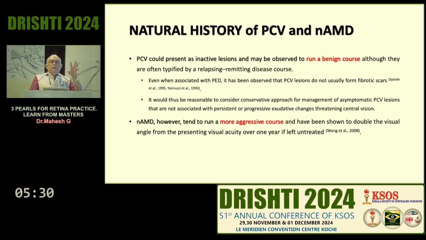Sometimes non-leaking polyps will be there, with branching, and it may remain like that for a long time. The only problem with PCV is sudden hemorrhage, causing sudden vision loss. Otherwise, it can run a benign course. We need not treat every PCV unless it is leaking or exudation is there. But neovascular AMD with a CNVM usually runs a more aggressive course. That is difference 1.